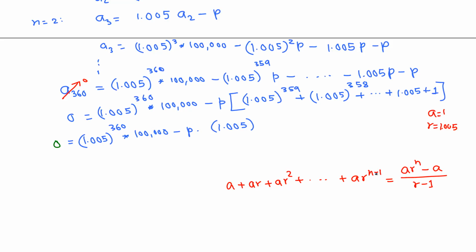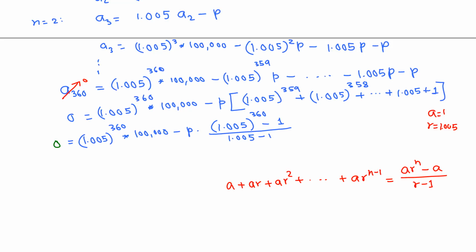Look, n minus 1 becomes 1 more, so 359 becomes 360, minus a, which is 1, all over r minus 1, which is 1.005 minus 1. So basically this is a number. We can now solve for P. Subtract this from both sides, basically moving this over, and divide by this number.